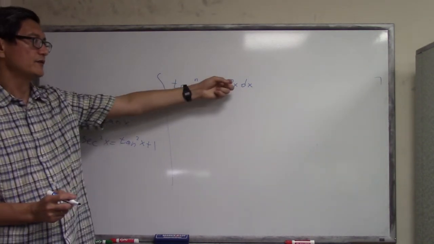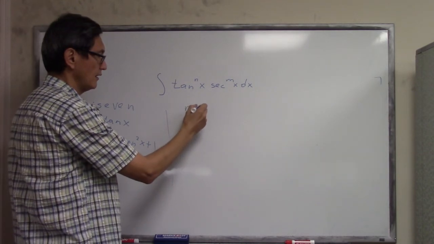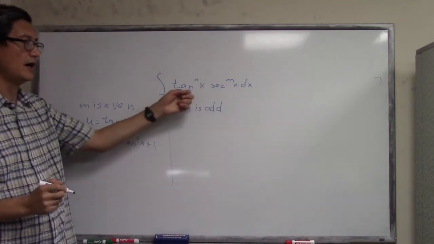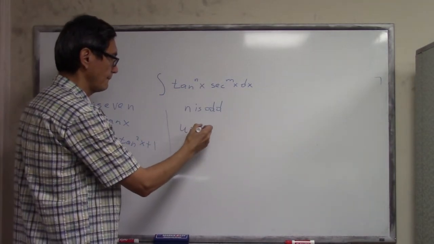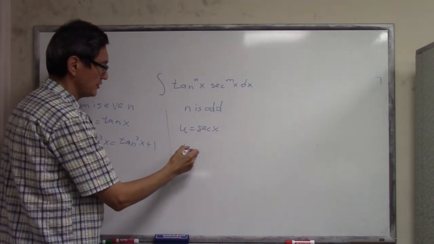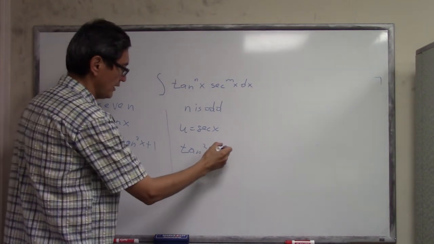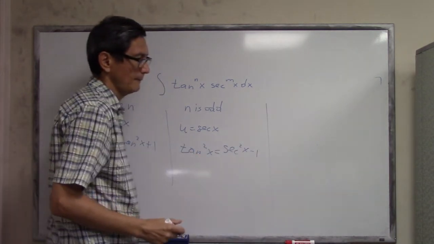That is if the power of secant is even. If the power of tangent is odd, we proceed with the substitution u equals secant, and we use the property that tangent squared x equals secant squared x minus 1.